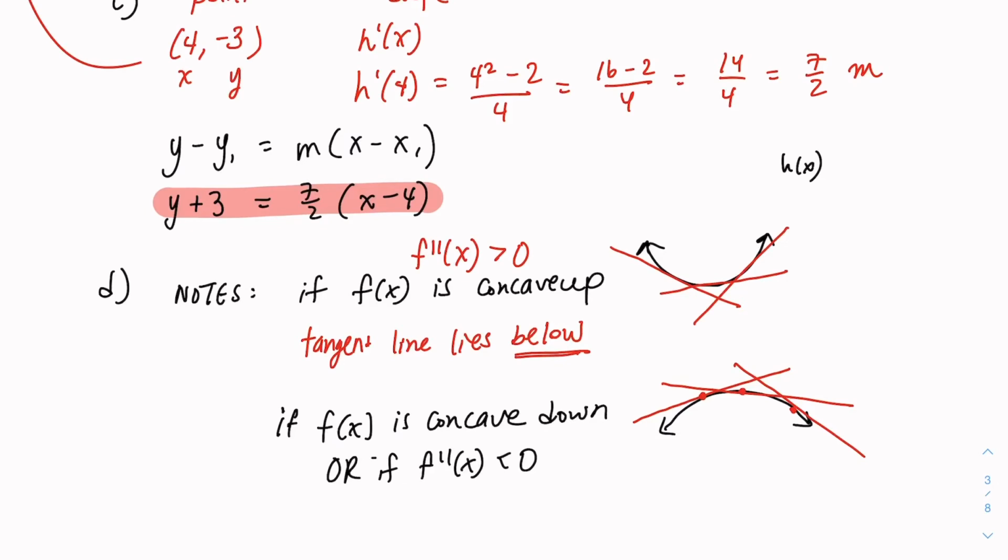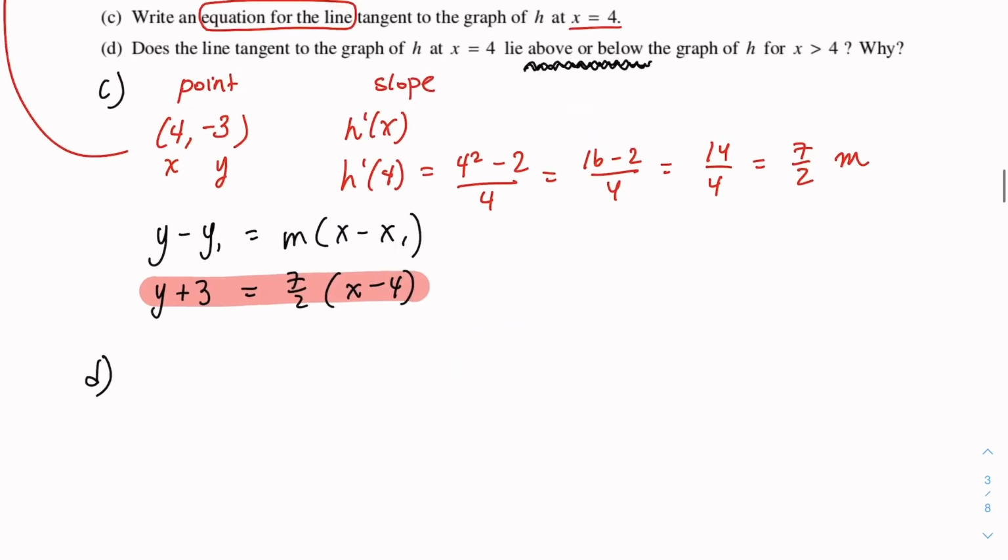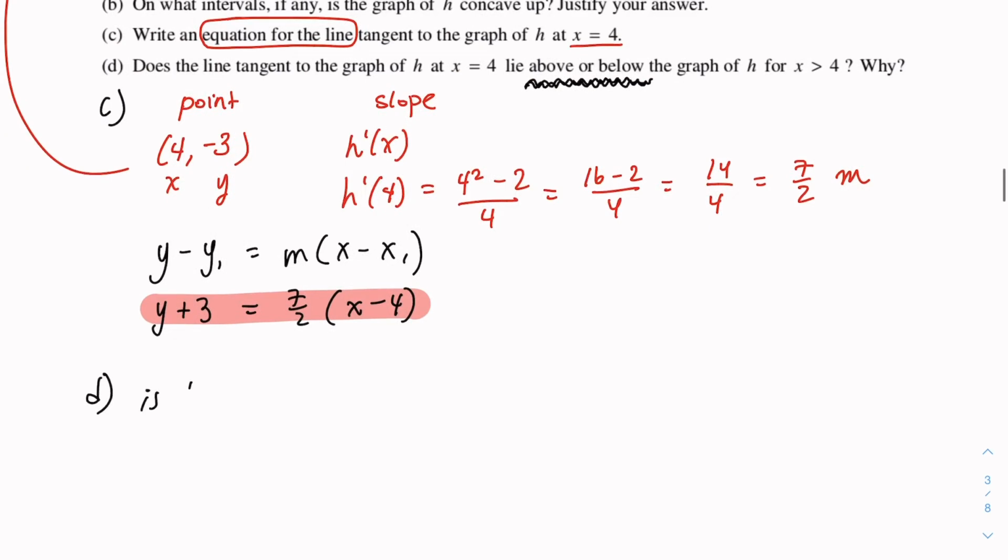So if f is concave down, or the second derivative is negative, both of those meaning the same thing, then we say the tangent line lies above. So based on that information, we need to deal with the second derivative and determine, is h concave up or down?